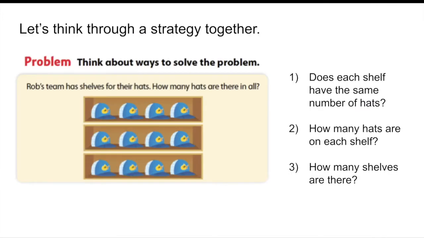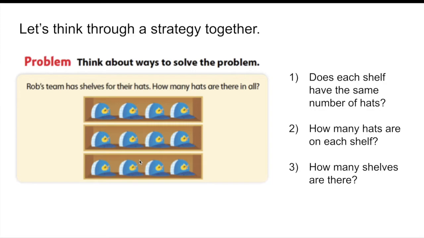Now let's think through a strategy together. This might actually be the same way you solved it, or maybe you did it a different way. When I started solving this problem, first I needed to double check that it actually was an array. So I asked, does each shelf have the same number of hats?